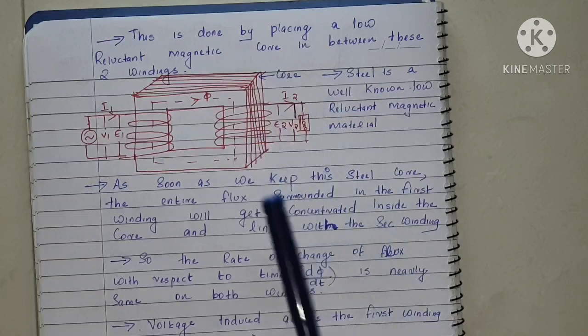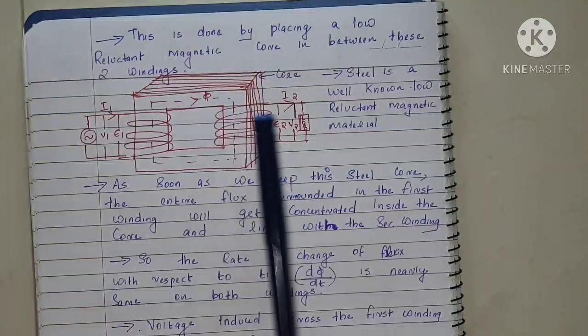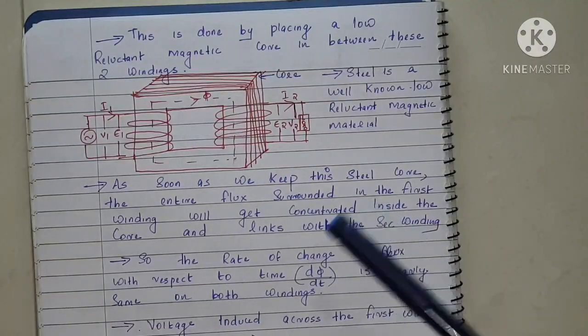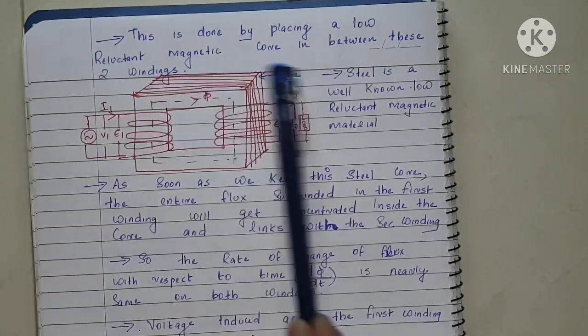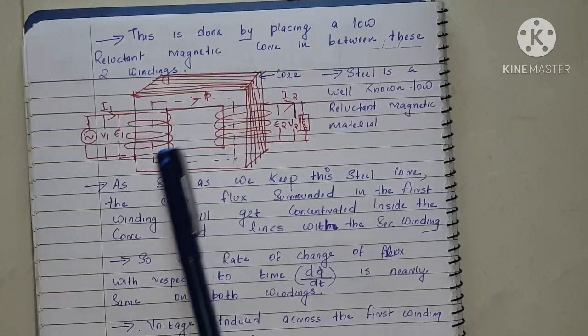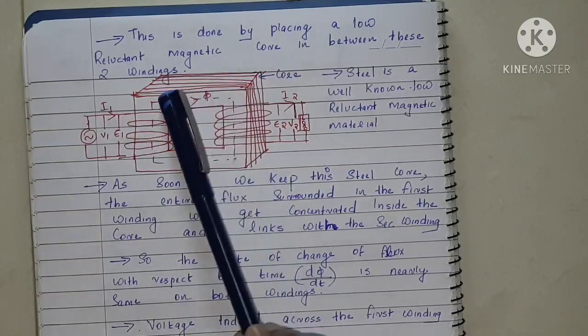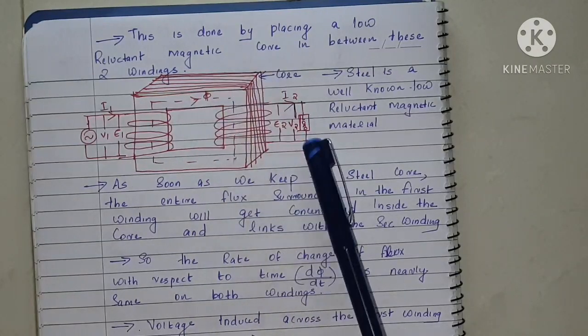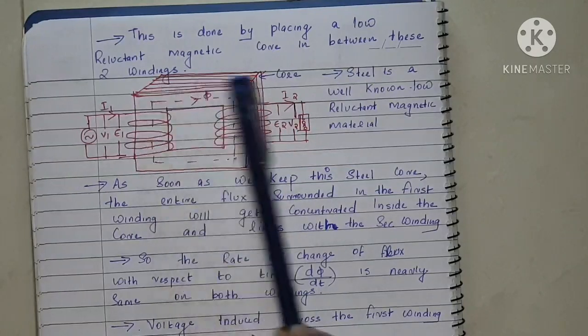Steel is a well-known low reluctance magnetic material. As soon as we place this steel core, the entire flux surrounding the first winding gets concentrated inside the core and links with the secondary winding.